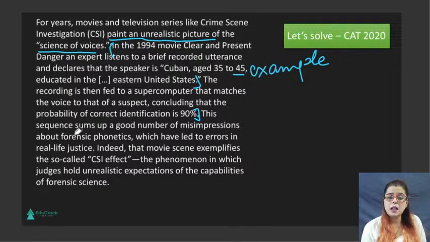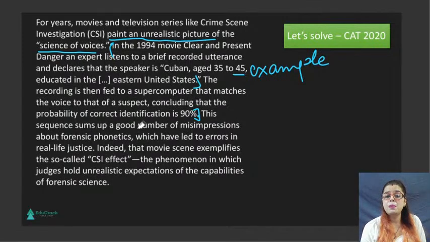This sequence sums up a good number of misimpressions about forensic phonetics. Phonetics is the study of sounds and the study of voices. So misimpressions means having a misunderstanding, or something which is interpreted in the wrong way.